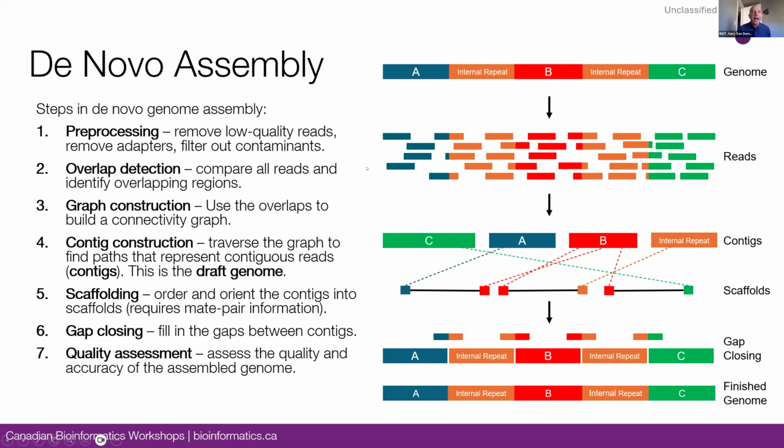We're going to take a look at that in the graph construction stage. Once you have those overlaps, you use them to build this connectivity graph, and I'll show you on the subsequent slides. Then you traverse that graph to find the path that represents the contiguous read, the best possible overlap, essentially what's called the shortest common superstring of all of those overlapped reads, and that's your draft genome.